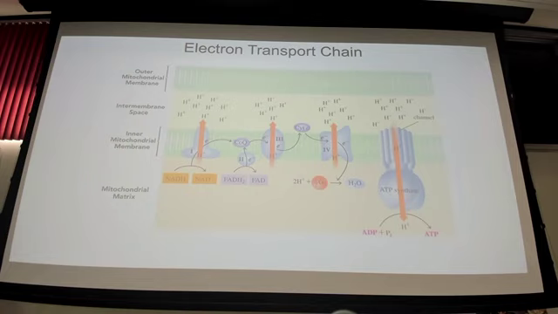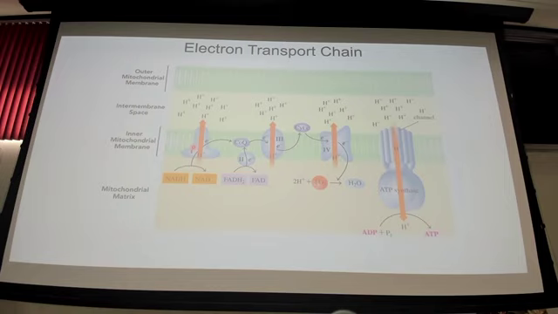So what happens in the ETC: NADH will donate its hydrogen and electrons to the first complex, where the hydrogens will be pumped into the intermembrane space.